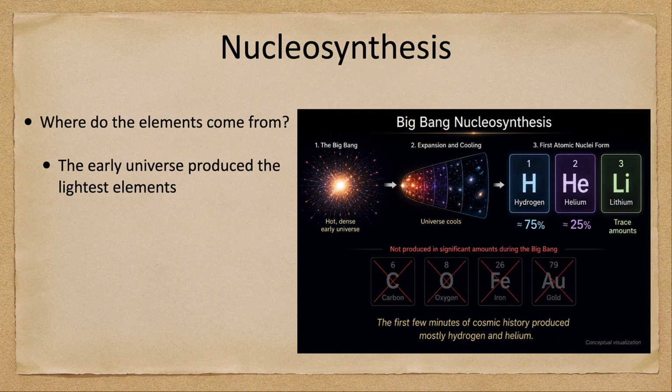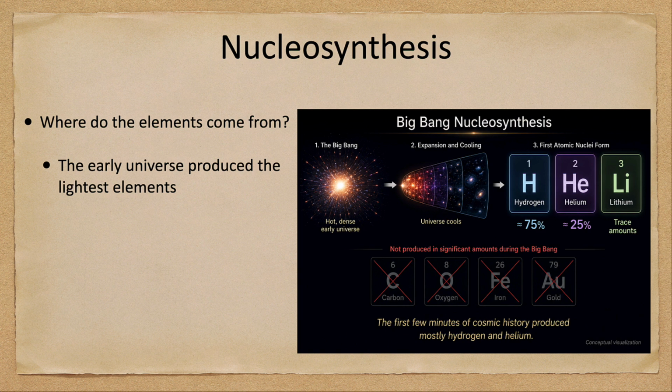And that was essentially it. The early universe did not produce significant amounts of carbon, oxygen, iron, or the many other elements we find today. Those elements would have to wait for a different kind of cosmic factory.